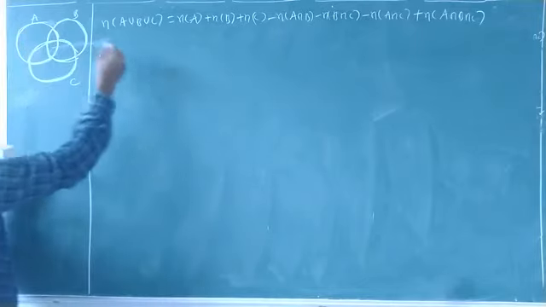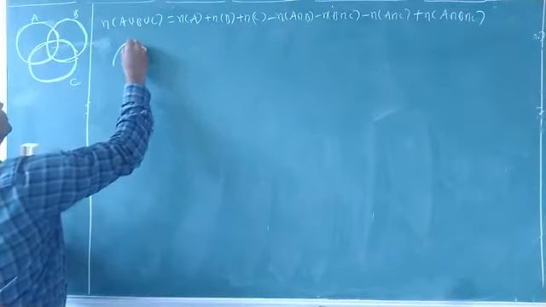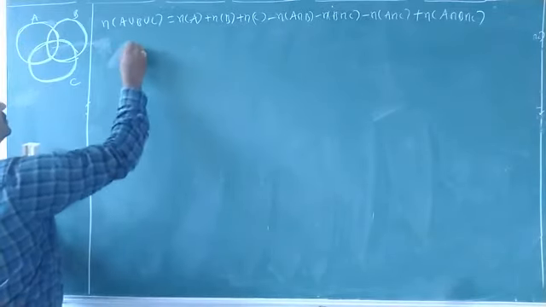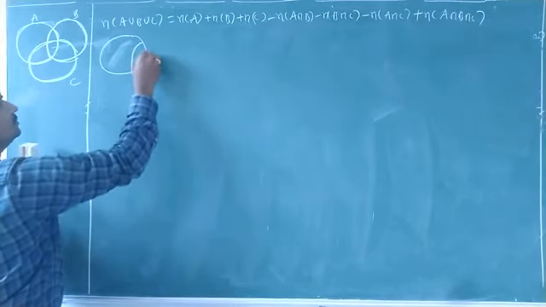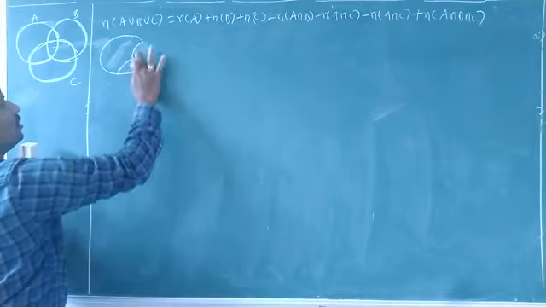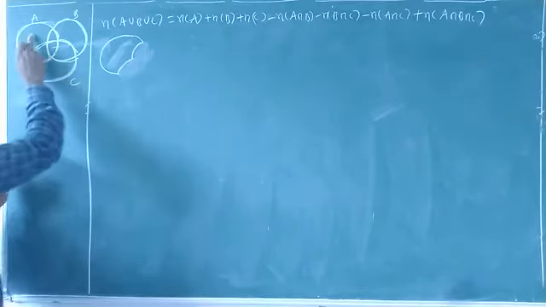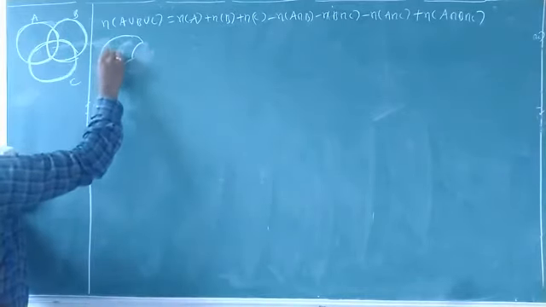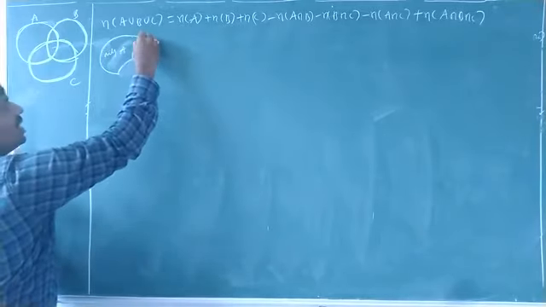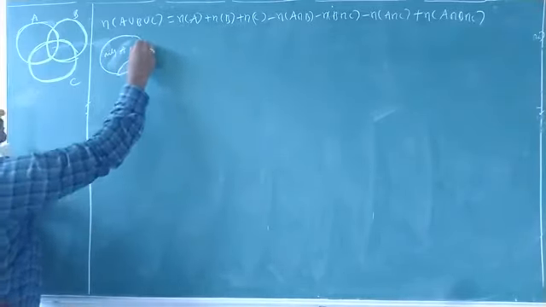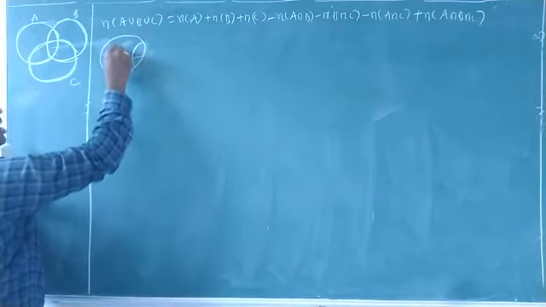Next, this part. It is a circle, right? What about this part? It is A only. Only A means how can you get this one? See, it is this part only, not that.